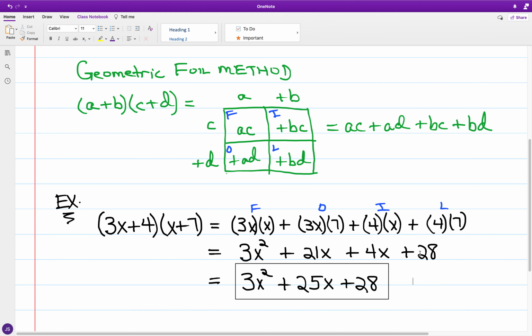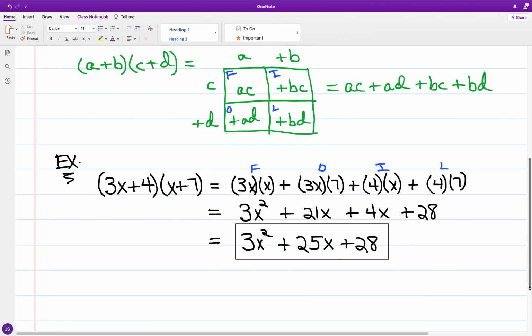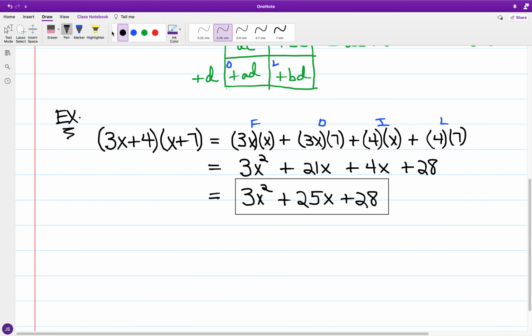Okay, now another case. Let's say we have something given in exponential terms. So you have something like 4x minus 3y raised to the second.